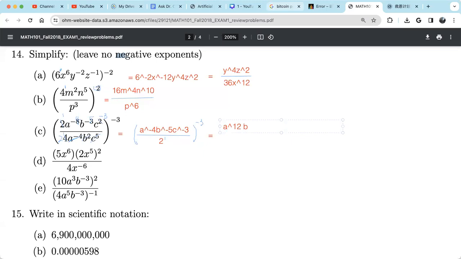Then b raised by -5, -5 times -3 becomes 15. C raised by -3, -3 times -3, positive 9. So that's in the numerator. In the denominator, we have 2 raised by -3.